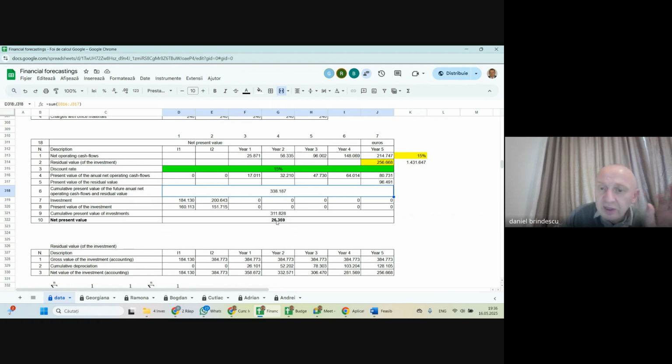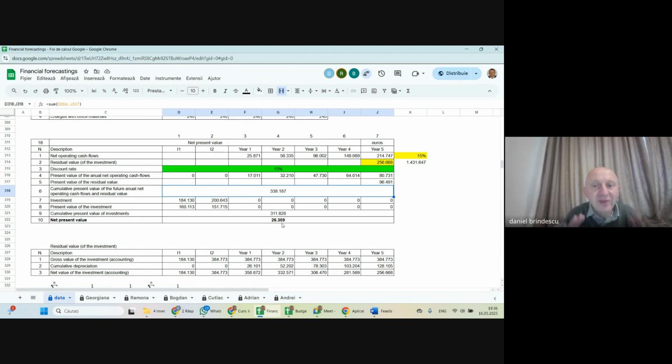No. If the net present value is 0, it means that through the future gains, through the future net operating cash flows with the residual value, we get our financing sources back, so our capital back, plus a surplus that ensures us a return equivalent to, in our case, 15%.